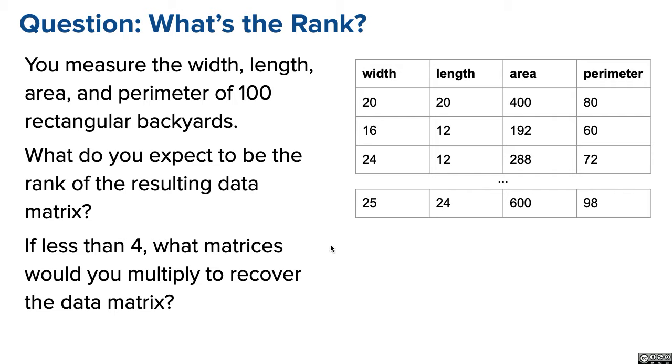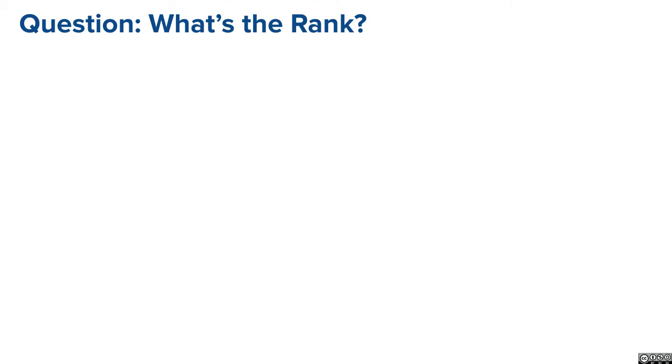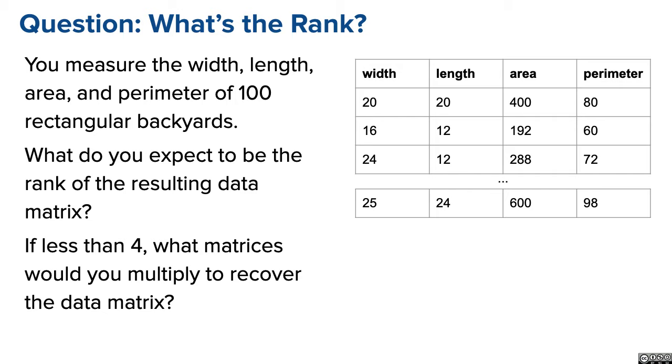And if this data set has a rank that's lower than 4, then I can write something similar to what I did on the previous slide, where I decomposed the right-hand side matrix into the multiplication of 2 smaller matrices, right? And I'm saying that we can do something similar for this data set if the rank is less than 4. So why don't you stare at this and talk it over with your neighbor for a few minutes.